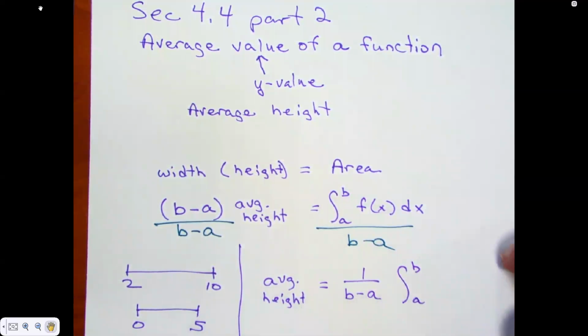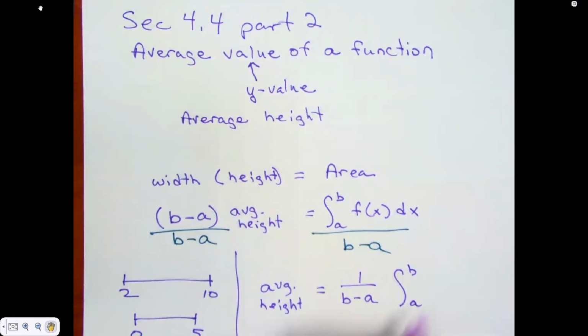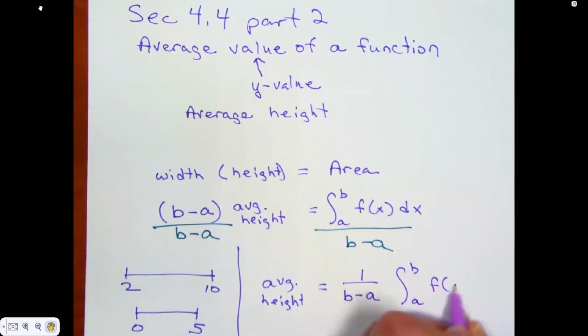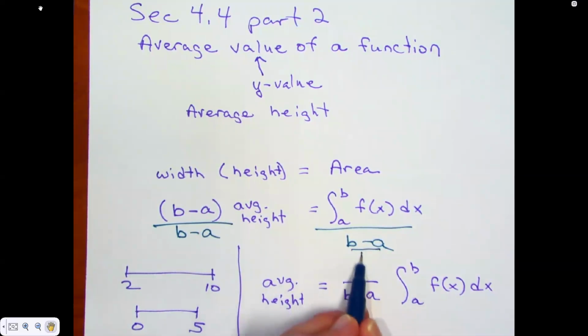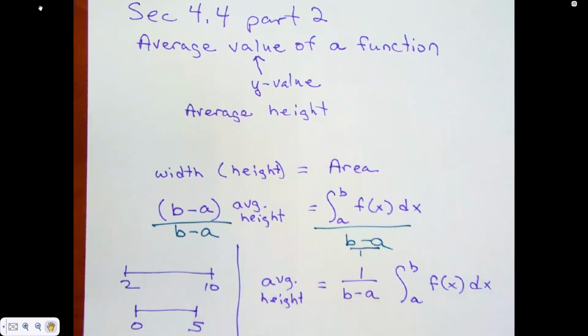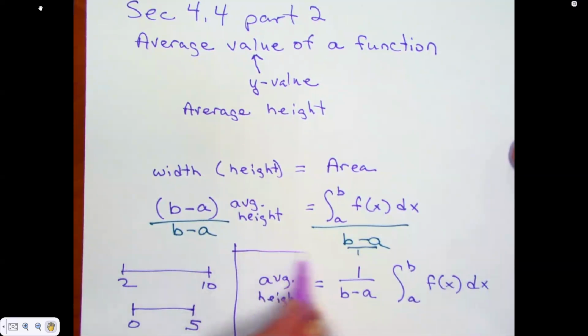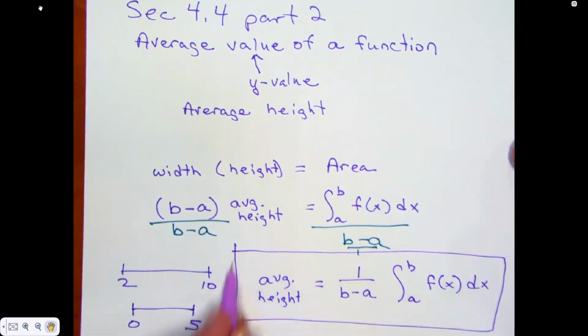You see how dividing is the same thing as sliding it over, making it multiplication. Or you could think of it like this. Instead of dividing, you could put this over 1, and then multiply by the reciprocal. Or because it's in the denominator, you just slide it off to the side. All right, so here's our little formula for average height.